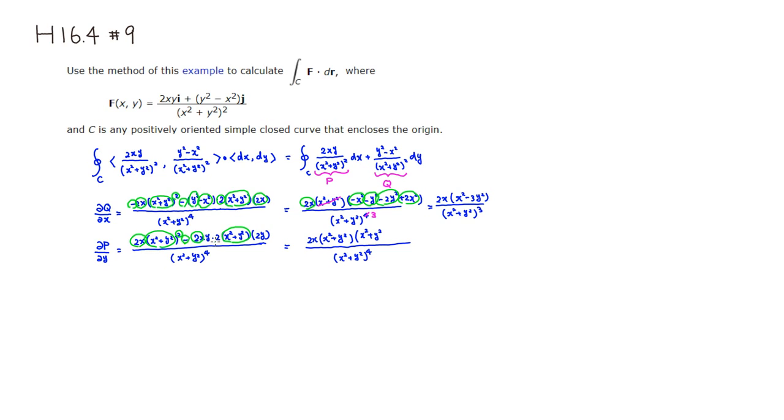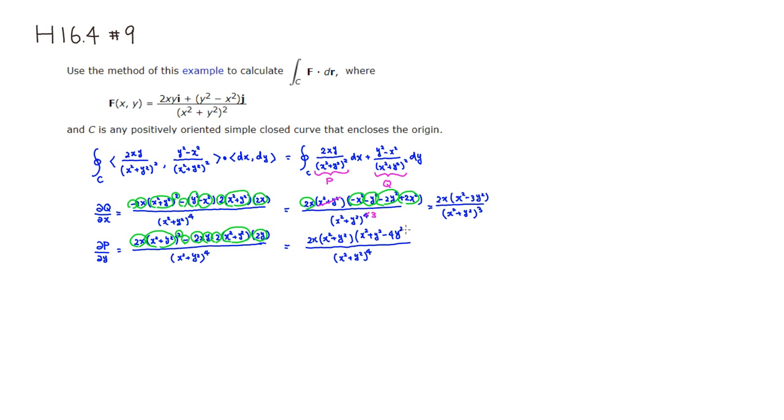Negative 2 times 2y, so it's going to be negative 4y squared.